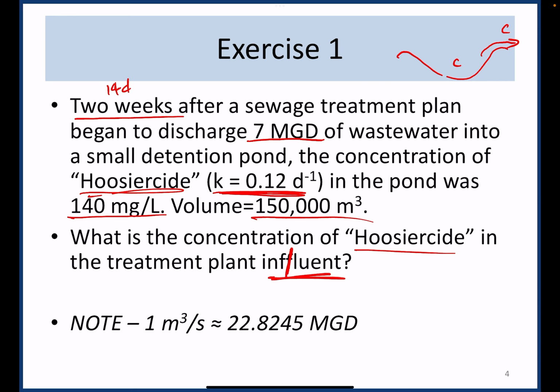Note that 1 cubic meter per second is equal to 22.8245 million gallons per day. Let's convert, first of all, the 7 million gallons per day. So you have cubic meter per second over million gallon per day, 22.8245, and this is 1 cubic meter per second.